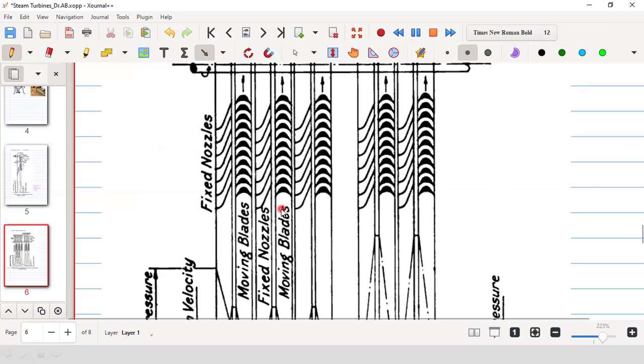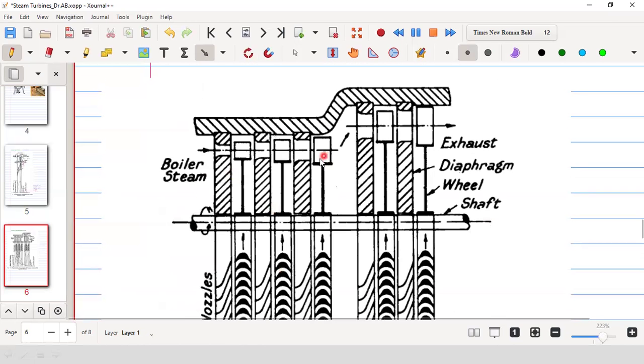So what is happening, let us first see what is the arrangement. In this case, you see that these are called diaphragms. Diaphragm means the part in which there is the nozzle. These are the hatched sections, these are called the stator. You see that they are connected from the shaft.